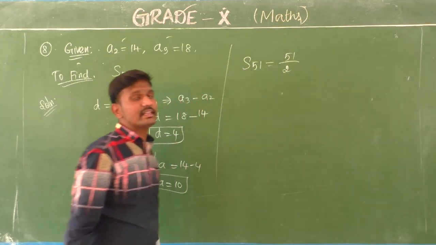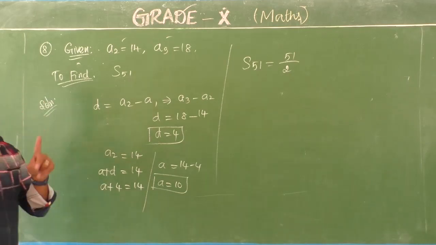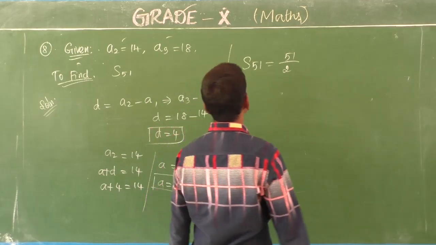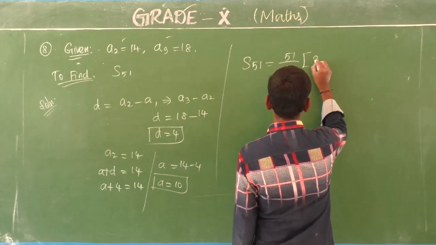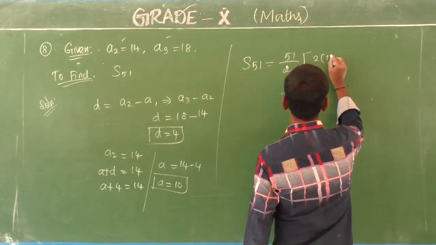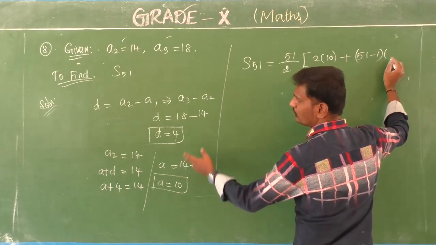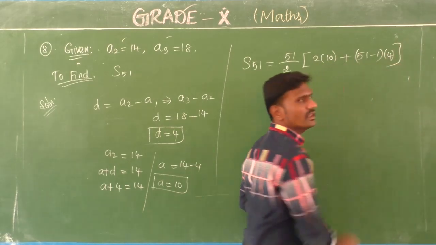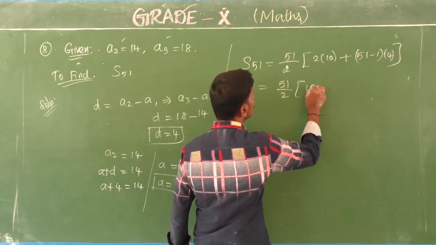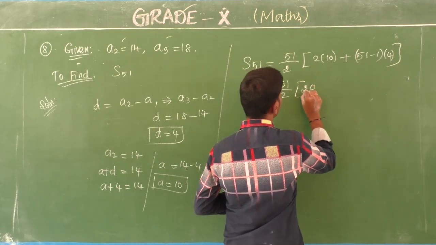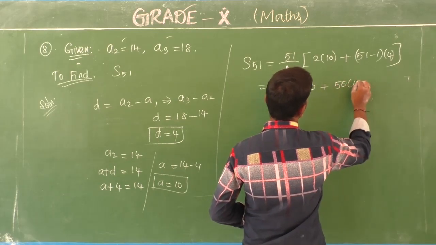Already you know the formula: Sn equals n by 2 into 2A plus n minus 1 into D. Here n equals 51, so 51 by 2 into the value of A, 10 twos are 20, plus n is 51 minus 1, that is 50, into D equal to 4.